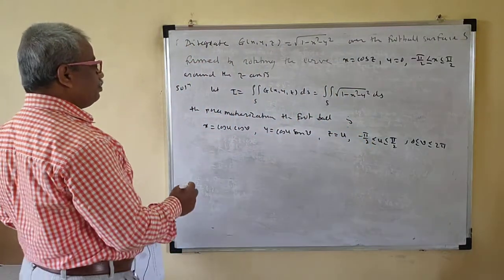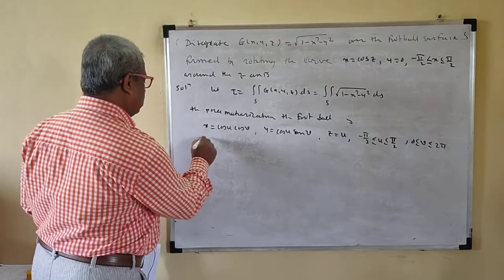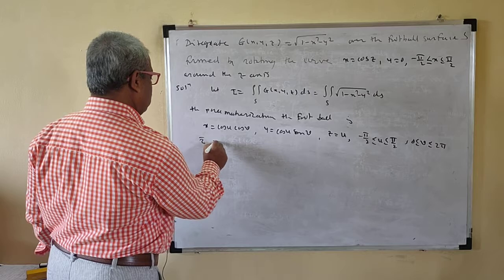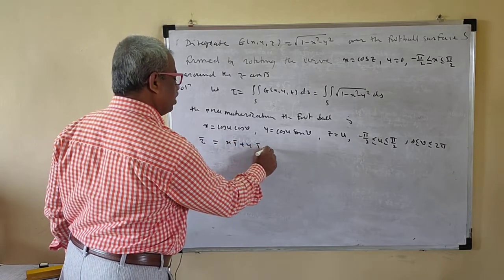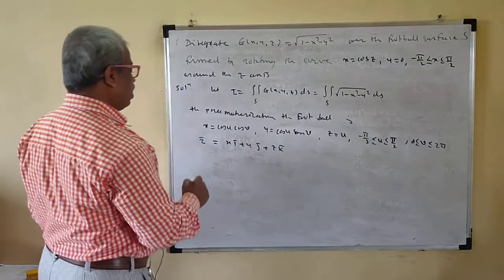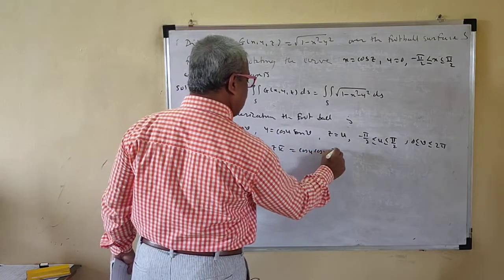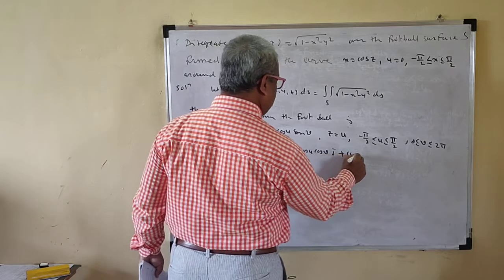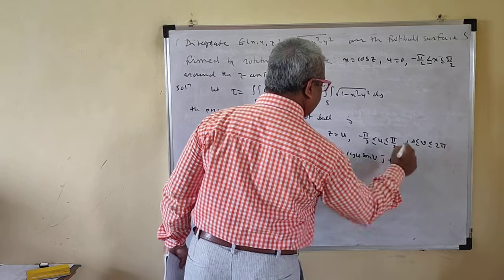Okay, so here you have to find r bar is equal to x i bar plus y j bar plus z k bar. Okay, so this is same as cos u cos v i bar plus cos u sin v j bar plus u k bar.